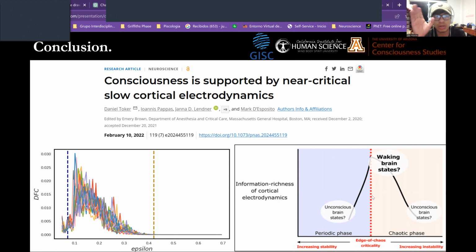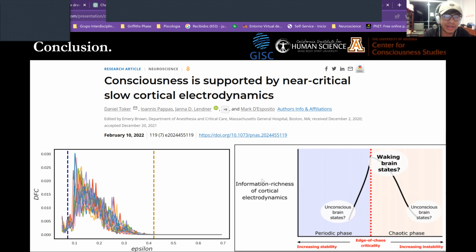And when you are not at a critical point, the information behind this conscious state, meaning how much information you can process or learn or listen to or speak, is reduced. When you are unconscious, you cannot develop this information.